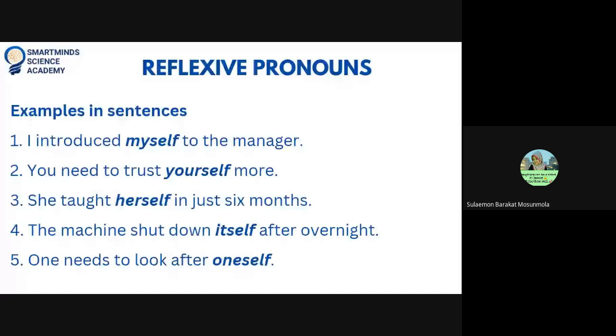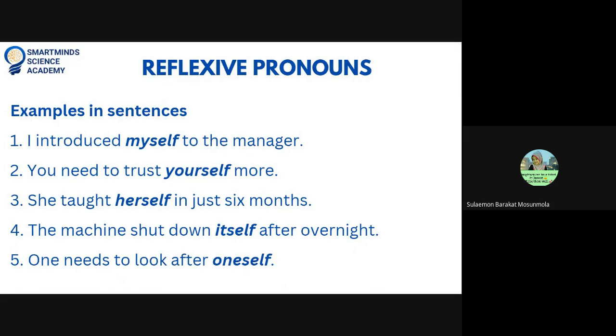One needs to look after oneself. Good, I did not mention this. In our previous assessment, I added something like this question: one, if one, I can't really remember the question, but I think one needs to do something if dash needs to succeed. So that was the way the question was typed.